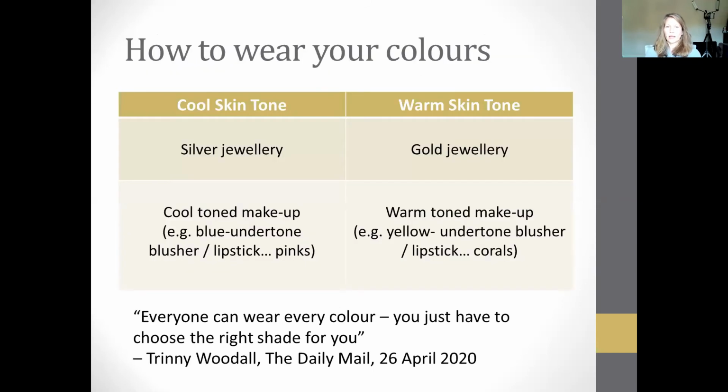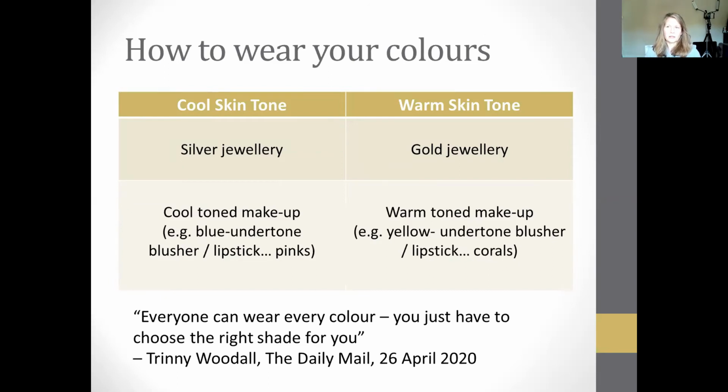So how to wear your colours. Once you know what season you are, that will give you an indication of whether you have a cool skin tone or a warm skin tone. If your skin tone is cool, then ideally you should be wearing silver jewellery and cool toned makeup. So for example, a blue undertone blusher, lipstick.